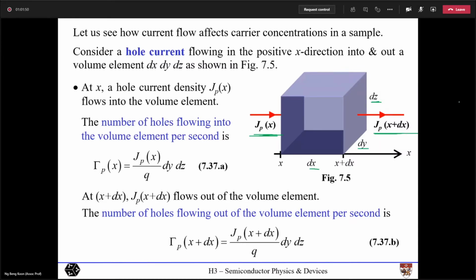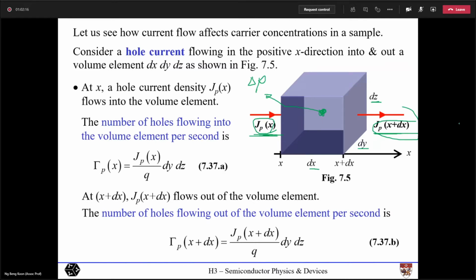We want to determine, with the effect of this current flow, if these two terms are different, how would the delta P be affected? How would the holes in this element change with time, because of this imbalance in the current going in and coming out?